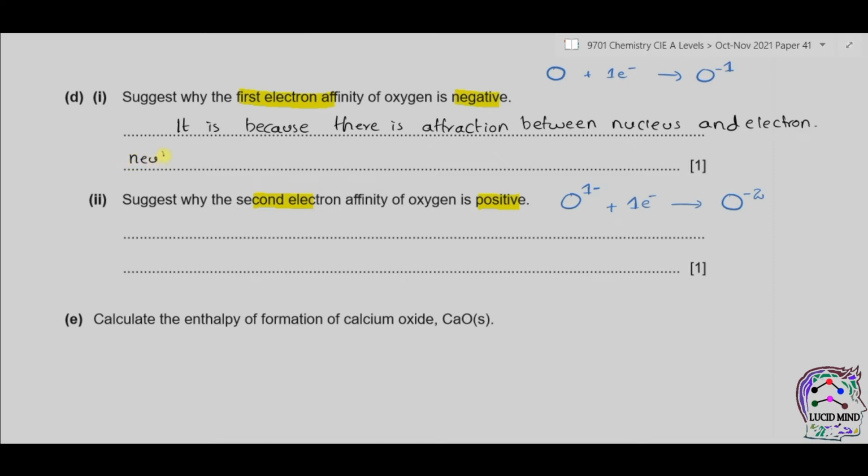Neutral oxygen atom becomes unstable and releases energy to become stable. So therefore, it is negative.